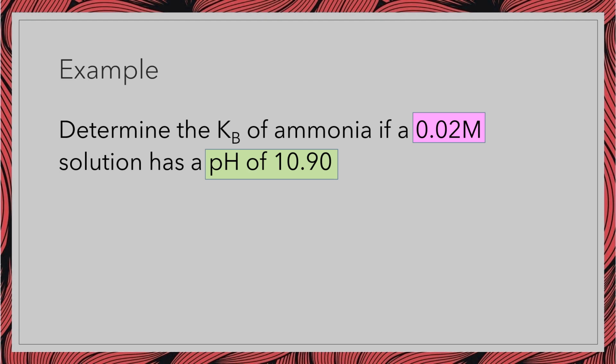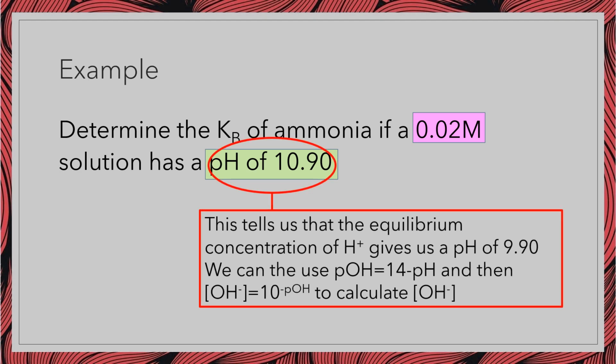Now, our pH is 10.9, but if we have a look at our ICE table, we have OH-. So we can't directly get our hydroxide ion concentration from pH. We have to convert it to pOH first, for which we use 14 minus pH.